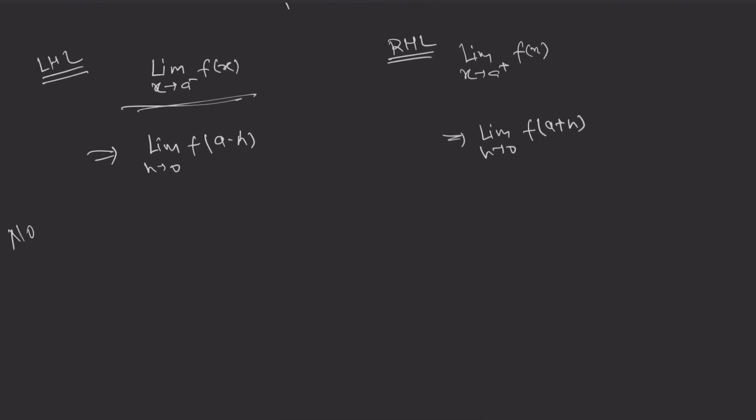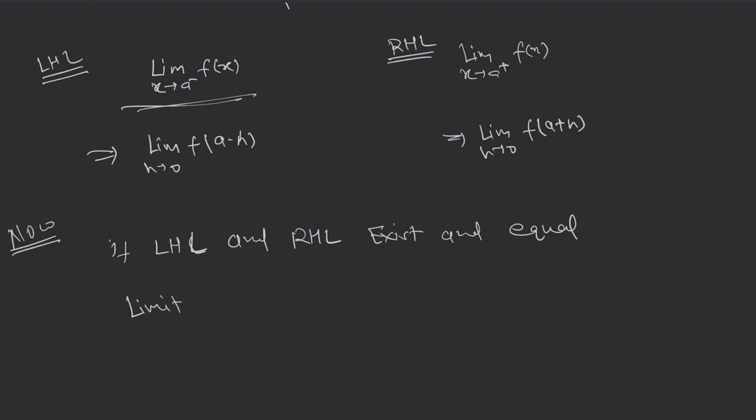Now if LHL and RHL exist and are equal, then what do we say? The limit exists and it will be equal to the LHL and RHL.